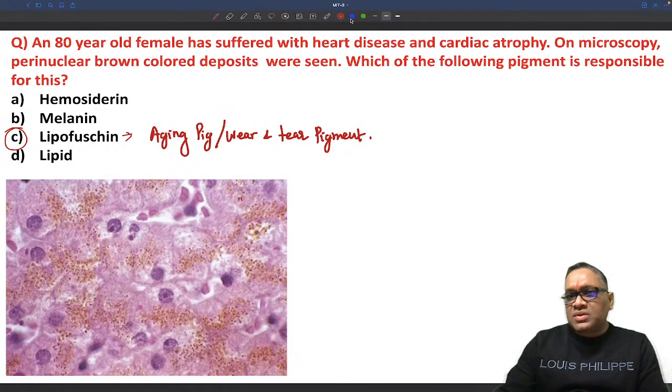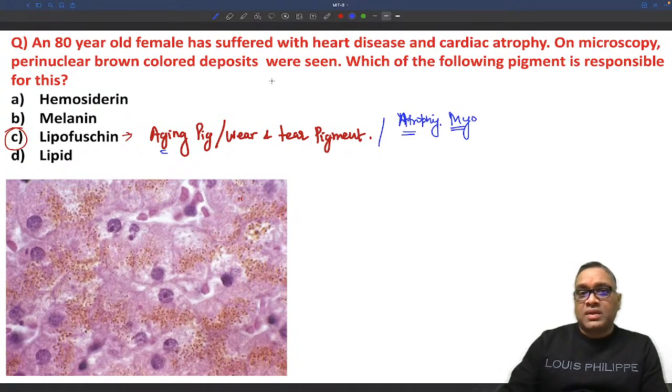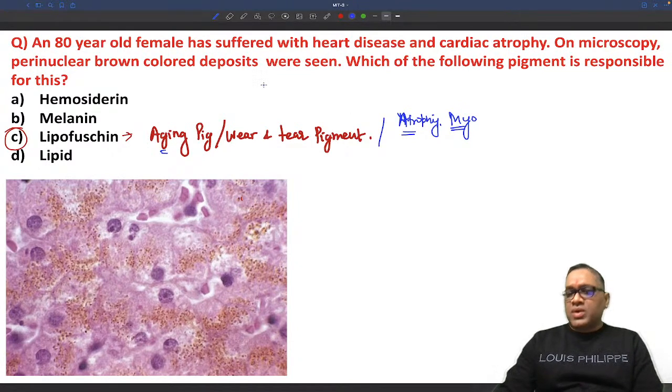Lipofuscin is seen in normal aging, as I said. But remember, it will also be seen in atrophy of the myocardium. And that is an important MCQ which the examiner will ask you: in an atrophic myocardium, which pigment will be seen?